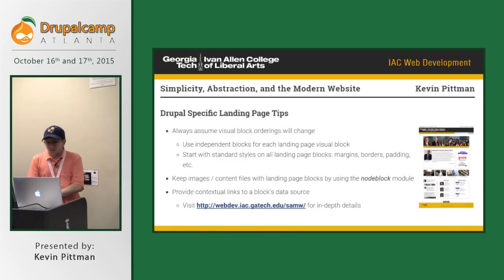And as you're building those blocks out, always work with good CSS practices: set a standard style for all of your blocks. Go up and set it on the block element so that everything gets standard margins, standard padding, standard borders, and then override as needed.